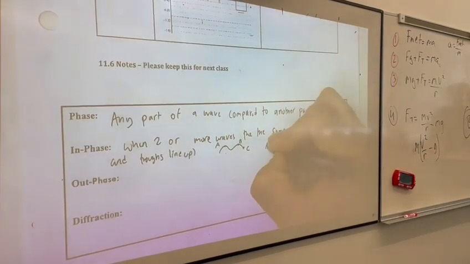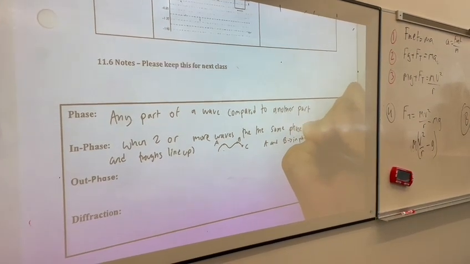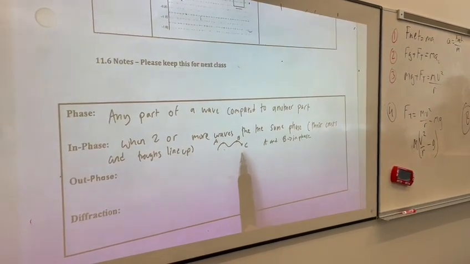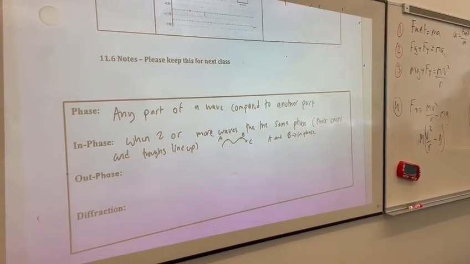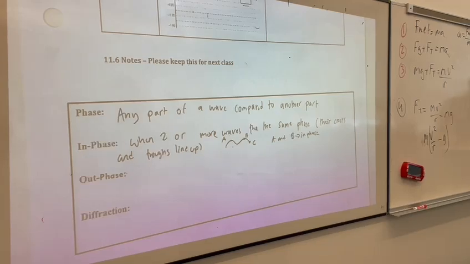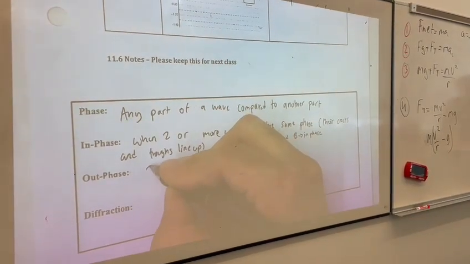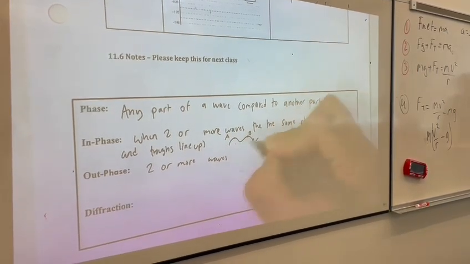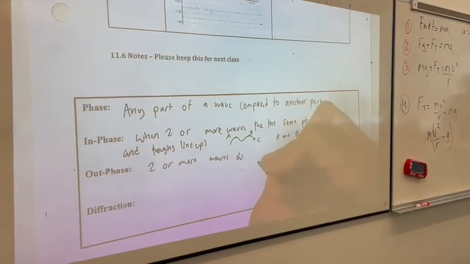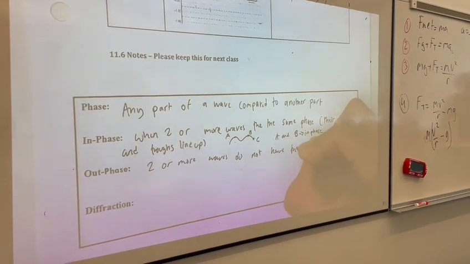So here, A and B are in phase, whereas C is not in phase with any of these points because it is not the same location as A and B. And when we are out of phase, that means that two or more waves do not have the same phase.